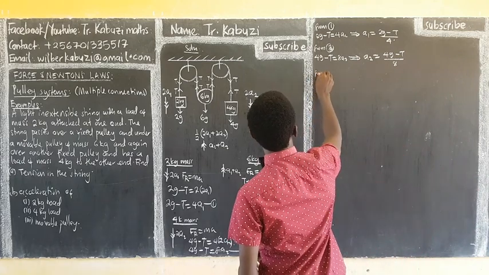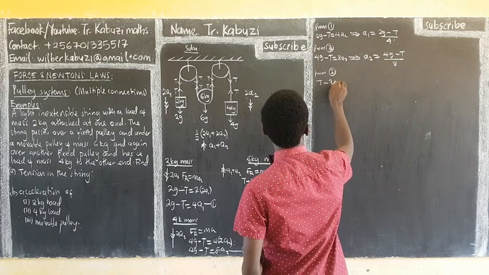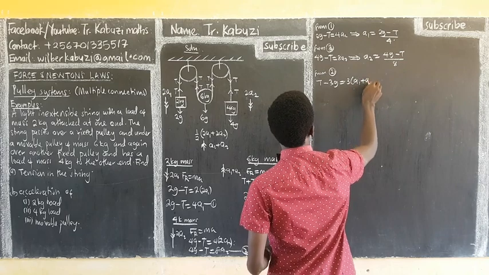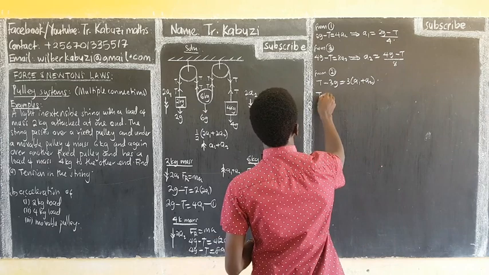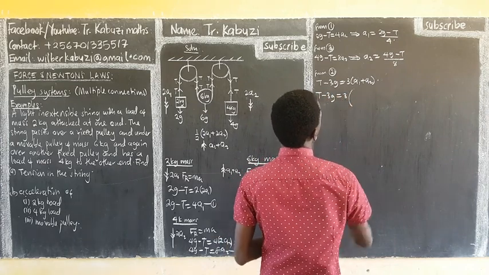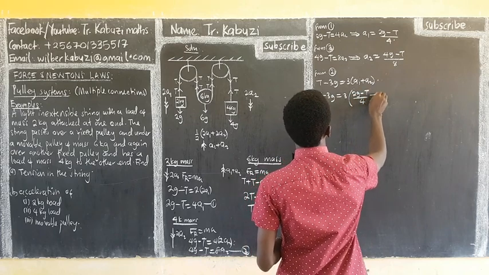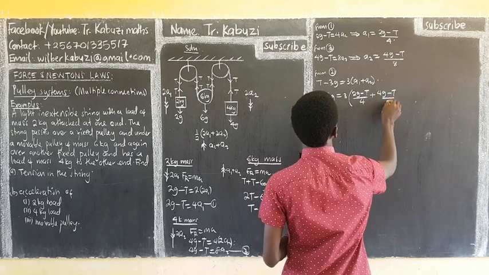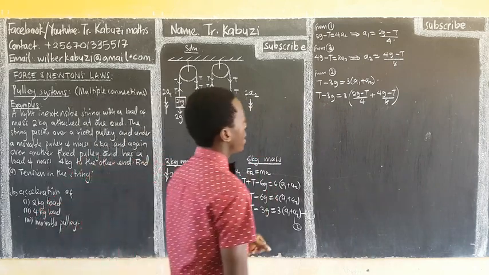From equation 2, 2t minus 3b will be equaling 3 into a1 plus a2. Substituting them there, 2t minus 3b will be equaling 3 into my a1, then plus a2, over 8, which you can simplify.